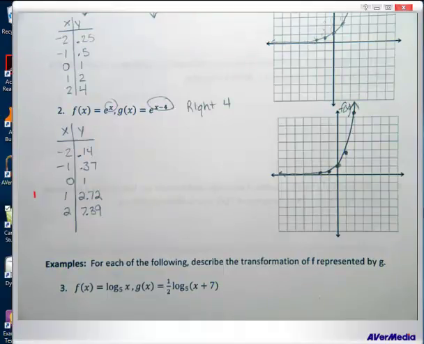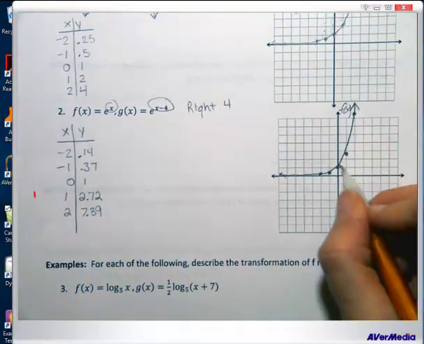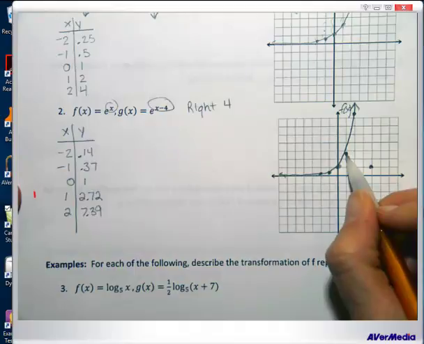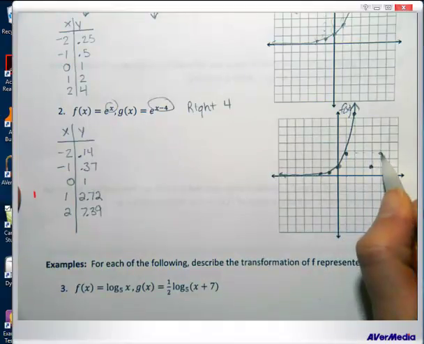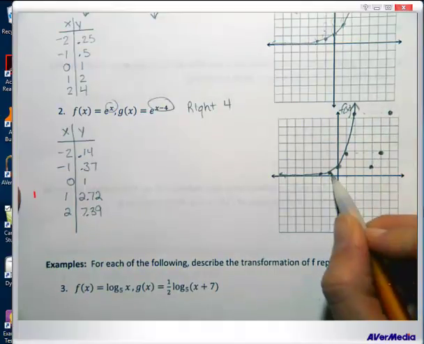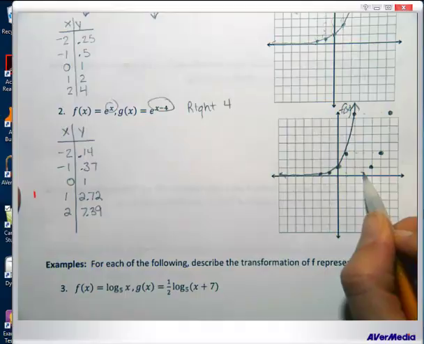Now to get the second function, feel free to just shift every point to the right 4. Like this. Here's 0, 1, 1, 2, 3, 4. The point 1 and 2.718, go 1, 2, 3, 4. 1, 2, 3, 4. 1, 2, 3, 4.